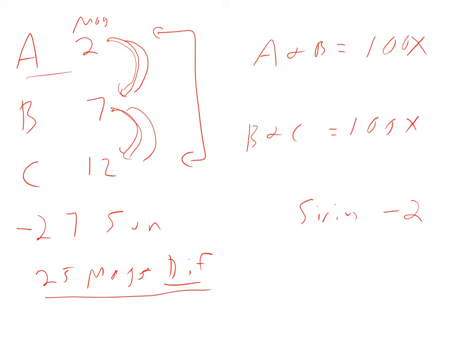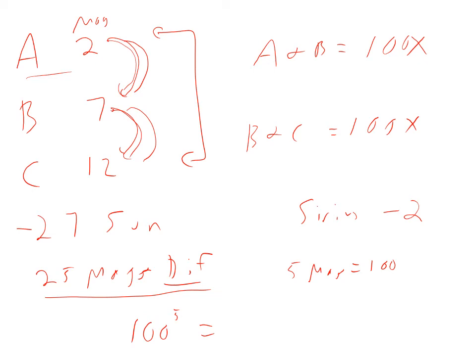Each group of 5 is 100. So what is 5 groups? Well, it's not 100 plus 100 plus 100 plus 100 plus 100. It's 100 times 100 times 100 times 100 times 100. So in other words, it's 100 to the 5th power.